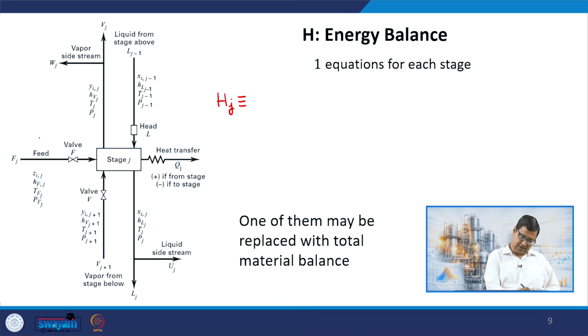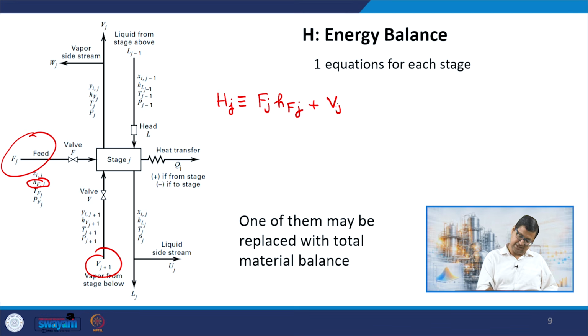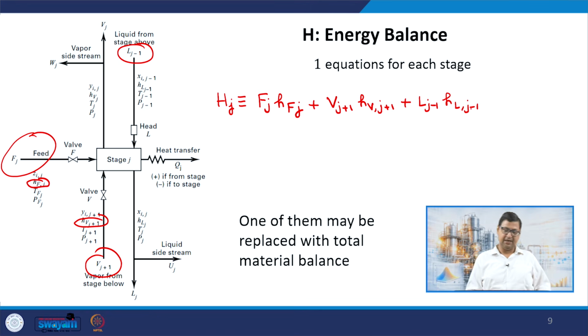and that is going to be the energy coming with the feed, that is Fj into corresponding enthalpy, then energy that is coming in the vapor, that is Vj plus 1 with the corresponding enthalpy, and energy coming in the liquid, that is Lj minus 1 and the corresponding enthalpy. And then what is leaving is this liquid main stream and side stream.